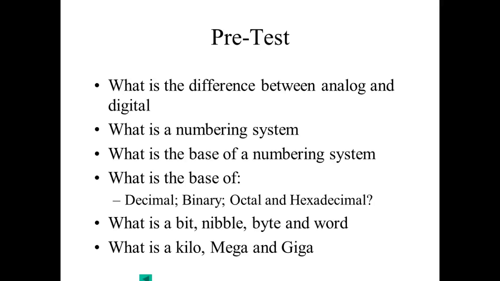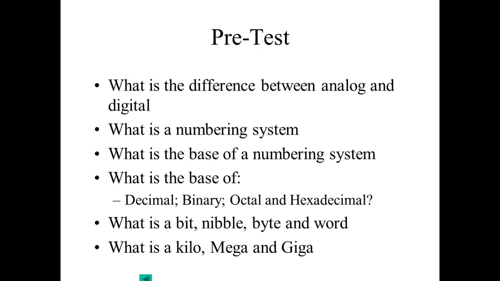Most of our numbering systems start off with the digits that we use in the decimal numbering system. So a binary numbering system is a base 2 system, so it's got only 2 combinations, which would be what? 0 and 1.